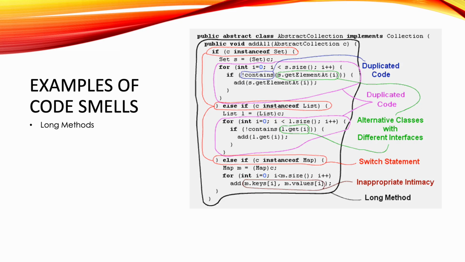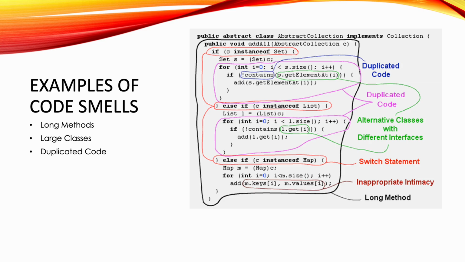Long methods. A long method often tries to do too much and can be hard to test or reuse. Large classes. A large class is usually taking on too many responsibilities, which violates the single responsibility principle. Duplicated code. Duplicated code is a maintenance nightmare.